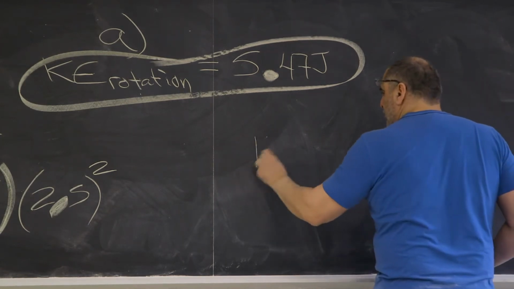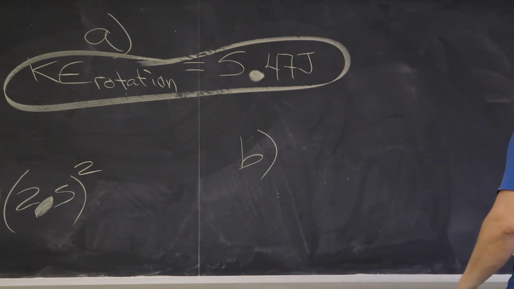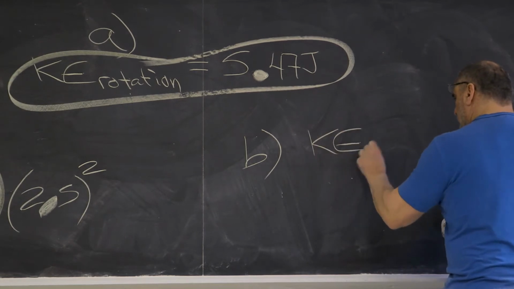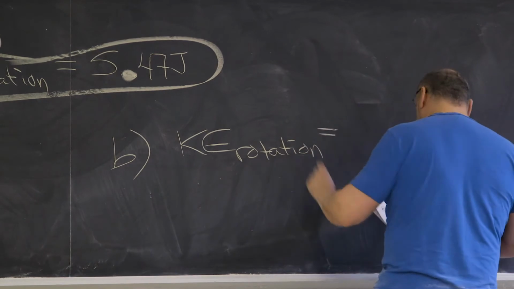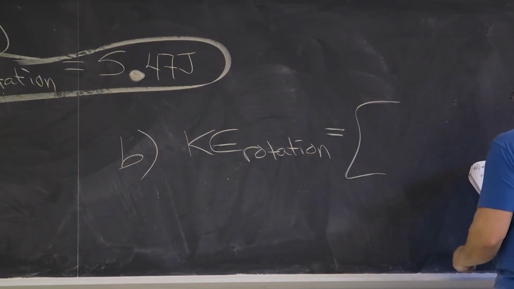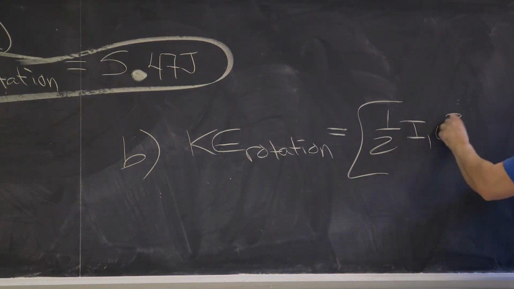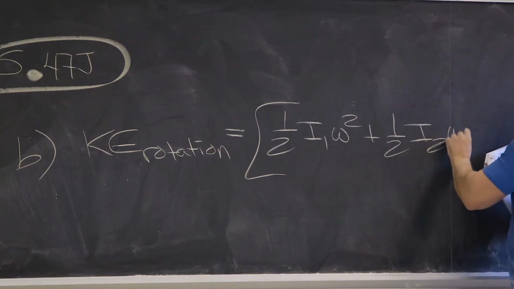Well, in the other situation, you're going to bring in one more player into this whole thing. You're going to say the KE of rotation here is going to be what you had earlier. Same exact thing we had earlier, not a problem.